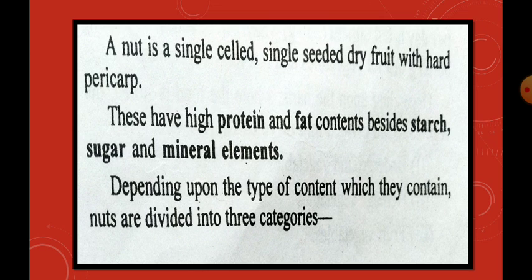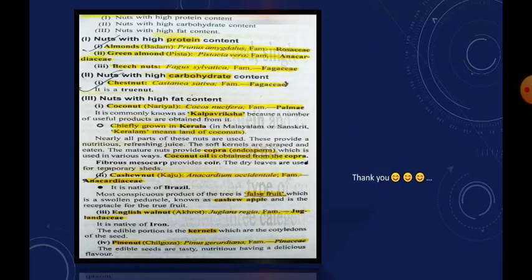Depending upon the type of content which they contain, nuts are divided into three categories. Some nuts are mainly protein rich, some are carbohydrate rich, and some are rich in fat content.